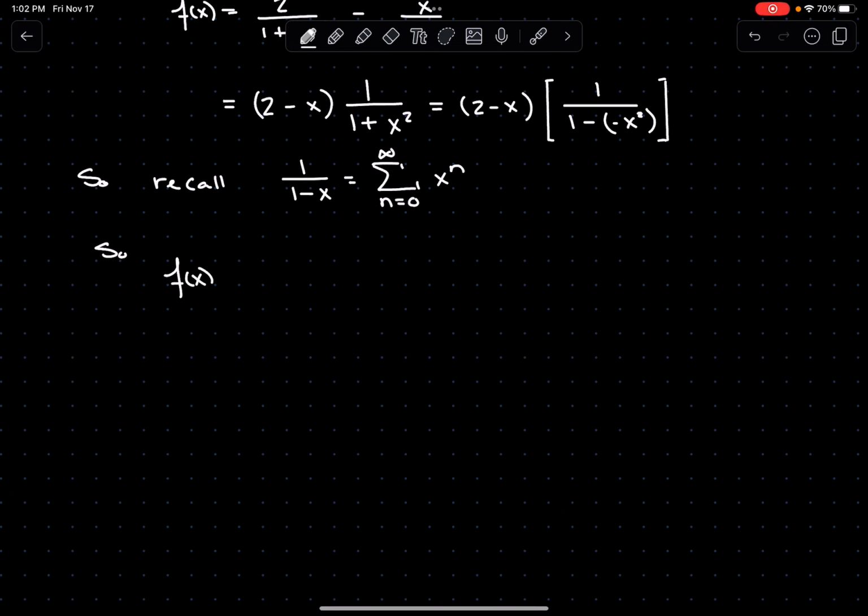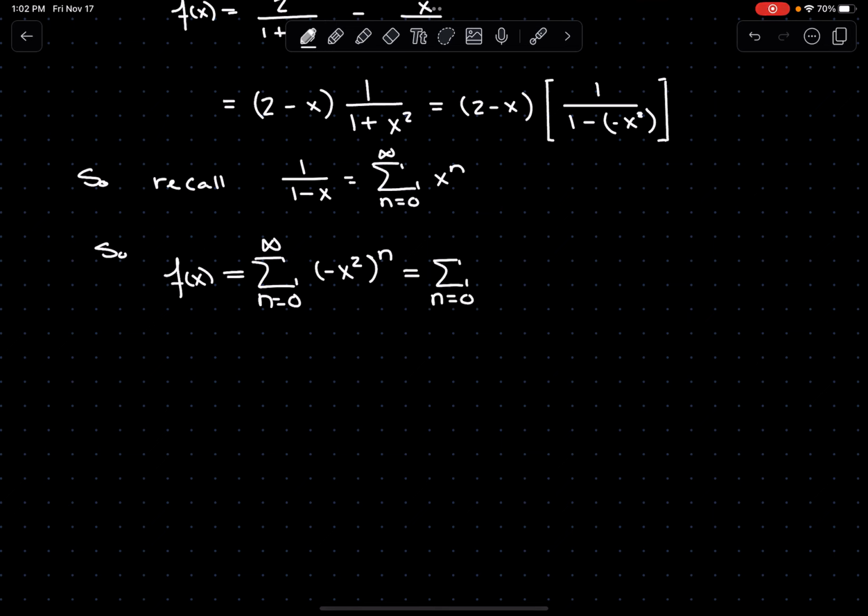Well, f of x is going to be equal to the sum from n equals 0 to infinity of, this says 1 over 1 minus something is equal to the sum of that something to the n. In this case, our something is negative x squared. So I get negative x squared to the n. I can simplify this a little bit.